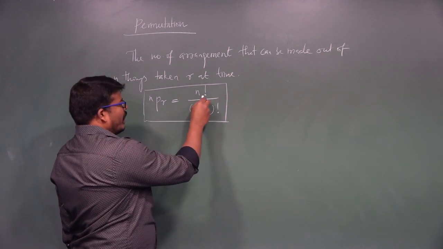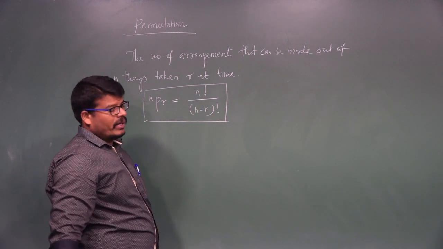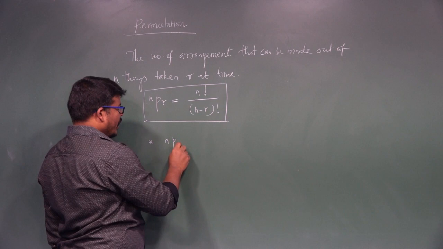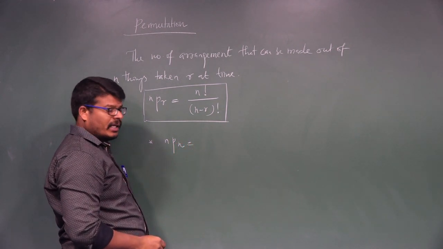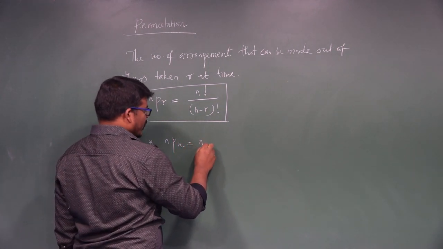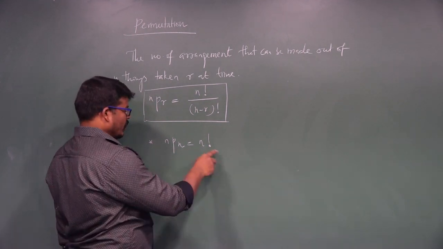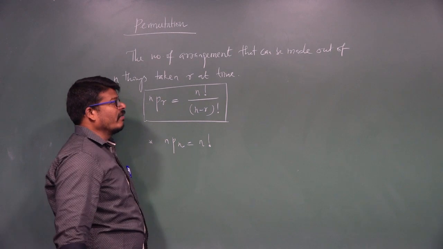That is nPr equal to n factorial by n minus r factorial. The next result: nPn equals n factorial. That is one of the results. Why is nPn equal to n factorial?